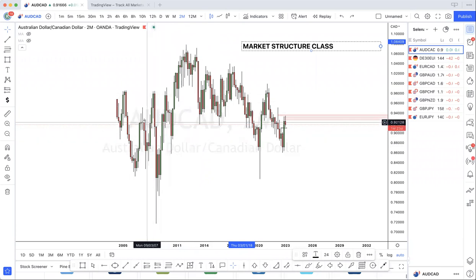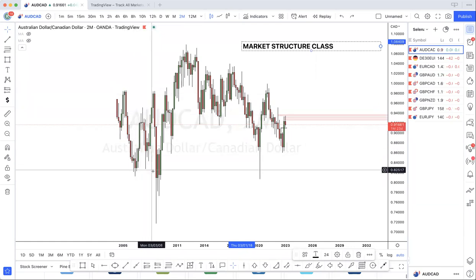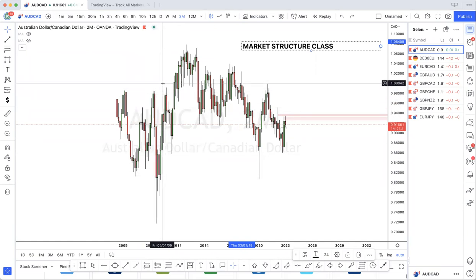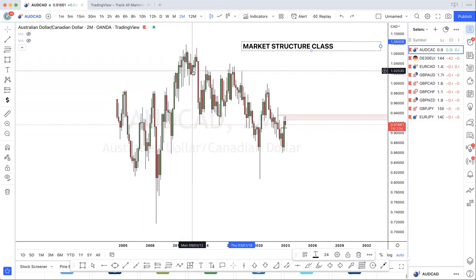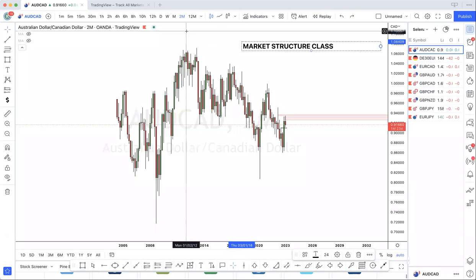Like this was going, you had your lower high, your lower low, lower high, lower low, and then price started reversing and going higher high, higher low, higher high, higher low, higher high, higher low. That is pretty much market structure. So whatever the current structure is, that is your main directional bias.